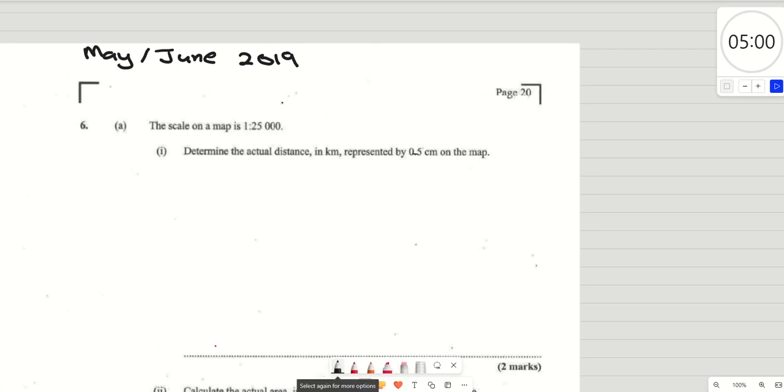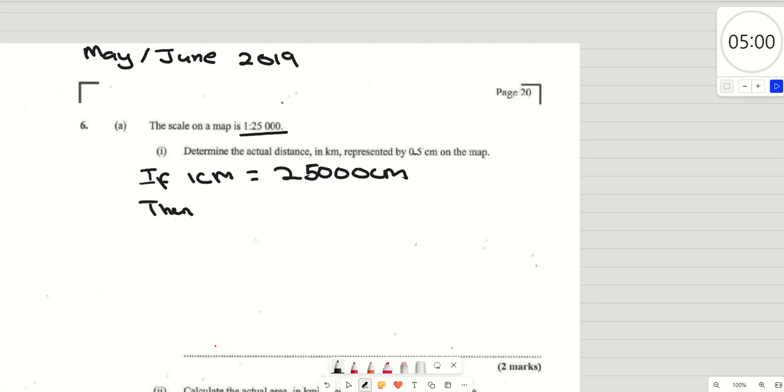The first question, which is number 6: the scale on the map is 1 to 25,000. This statement just tells us that for every 1 unit, or 1 centimeter, it is equal to 25,000 centimeters on your map.